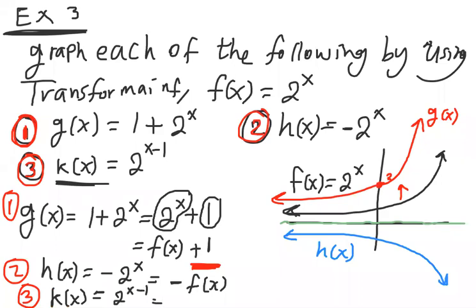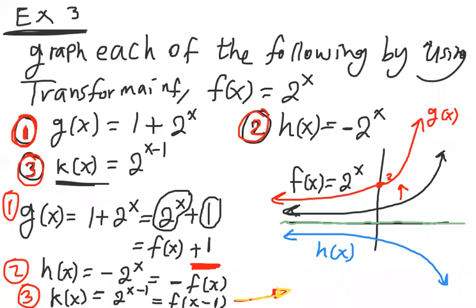This is exactly equal to f of x minus 1. Try to plug x minus 1 inside the function f of x. It gives me 2 to the power x minus 1. What does that mean? This means we shift the function f of x to the right 1 unit. For 3, we shift the original function f of x to the right 1 unit.